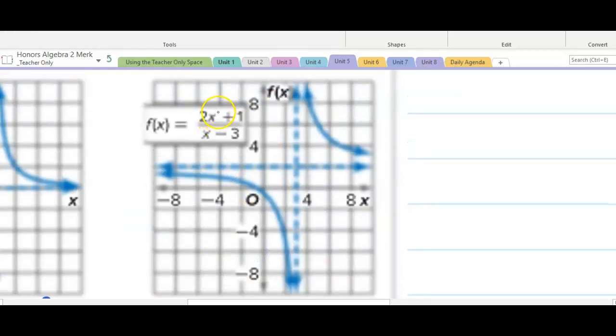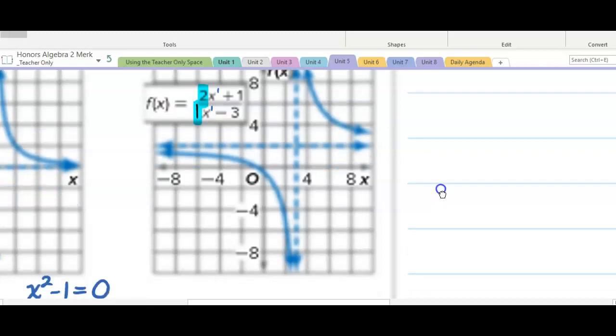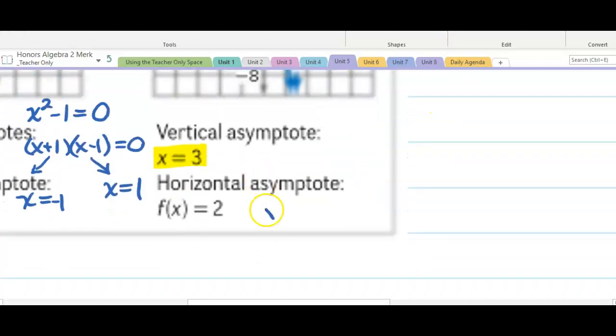Notice they both have a degree 1. So I'm going to look at the leading coefficient of the numerator and the leading coefficient of the denominator. It's invisible, but there's a 1 right there. So my horizontal asymptote is going to be y equals 2 over 1, which is just 2.